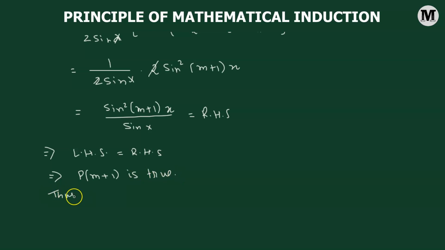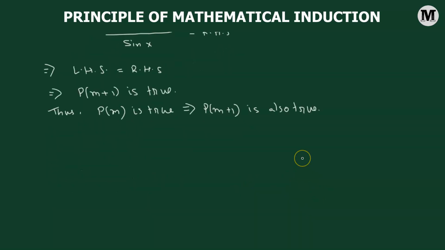What we have done is we started out by considering the statement P of m. We assume that this is a true statement, and with the help of this statement, we are able to show that P of m plus 1 is also a true statement.